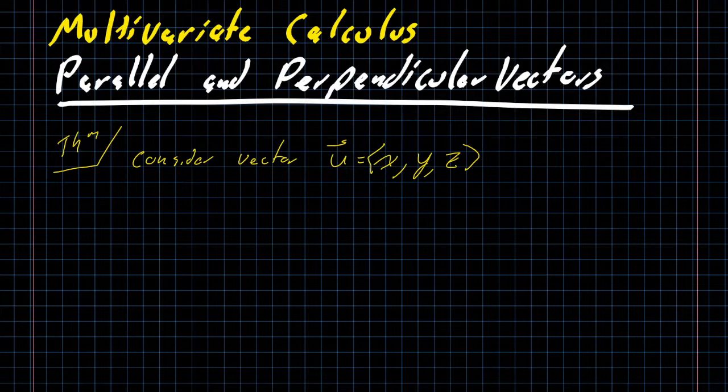So let's consider vector u, which is given in component form with components x, y, and z.